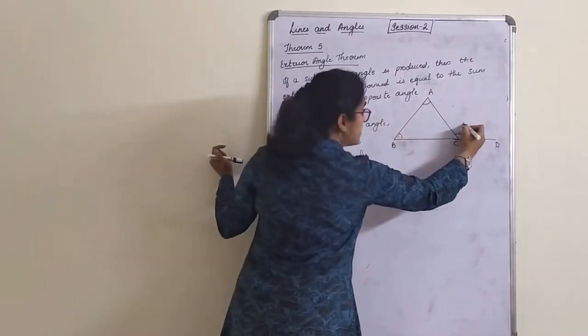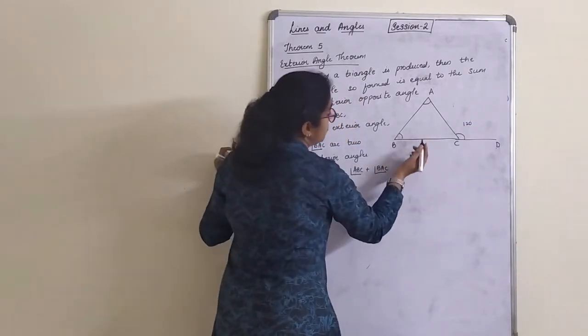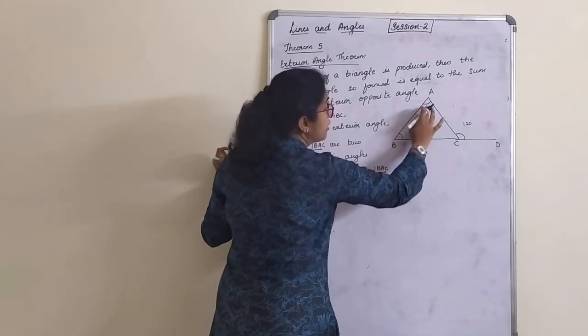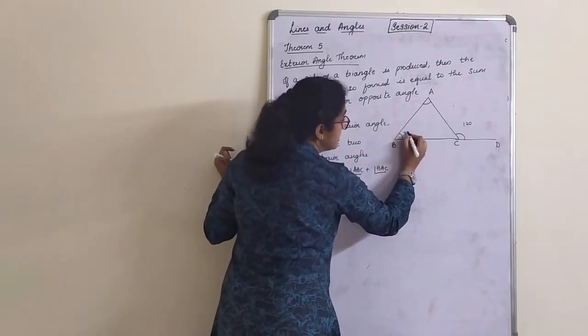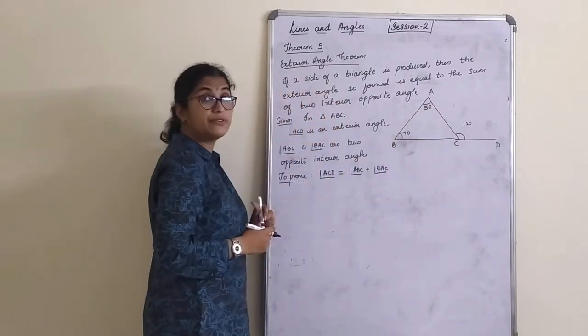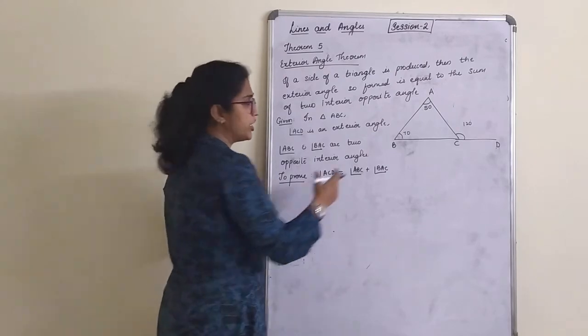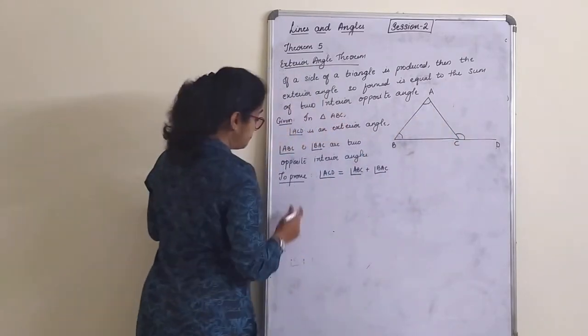Suppose this is 120. Children, if this is 120, probably these two will be the combination. So we can take one as 70 and one as 50. What is 70 plus 50? 120. Example which I gave you. Always it has to be like that.